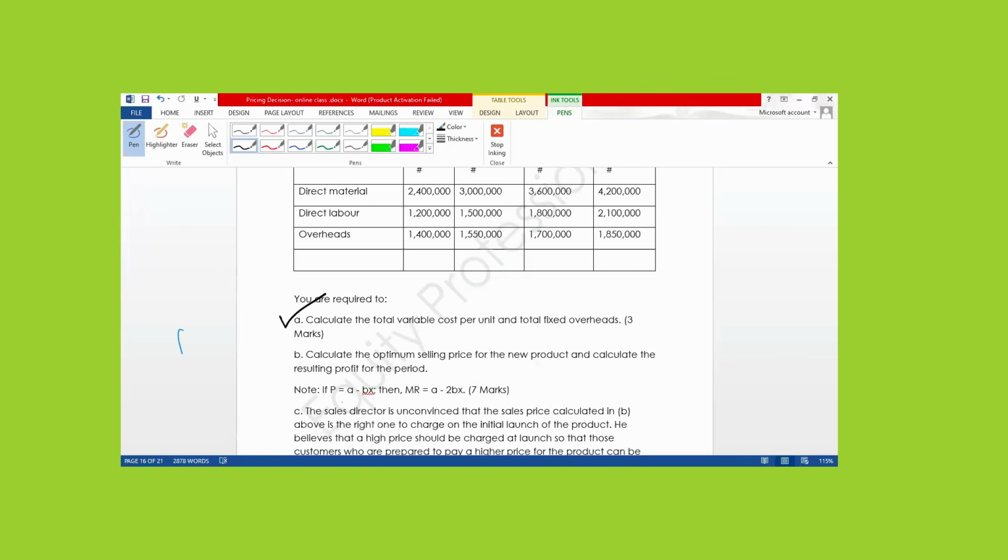For me to get the optimal selling price, I'm going to equate marginal revenue to marginal cost. The optimal selling price is the price at the level of sales where marginal revenue equals marginal cost. Please, you must try to get the principle.